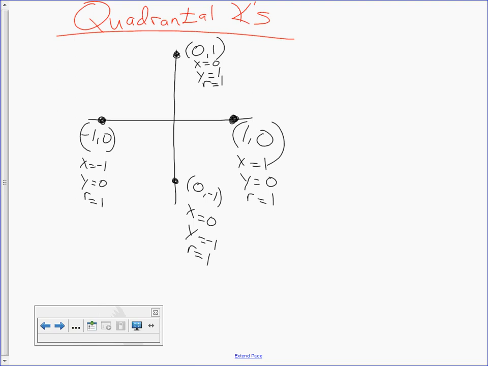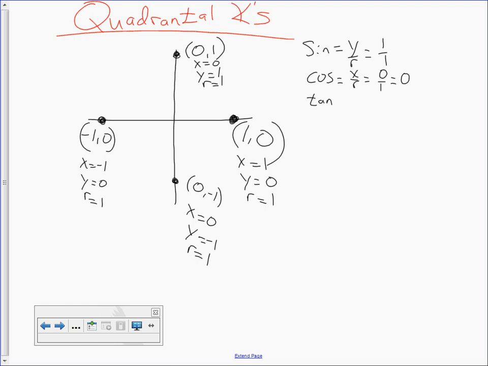If I look at the quadrantal angle (0, 1), the sine is y over r, 1 over 1. Do you agree? The cosine is x over r, which is 0 over 1, otherwise known as 0.